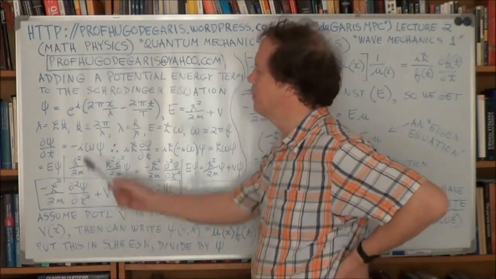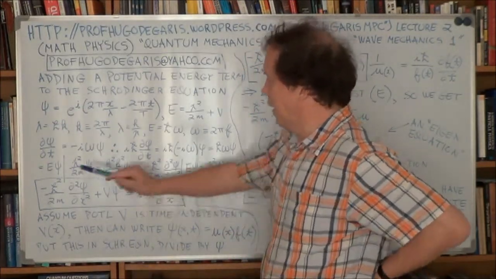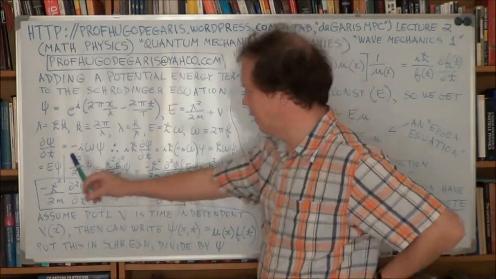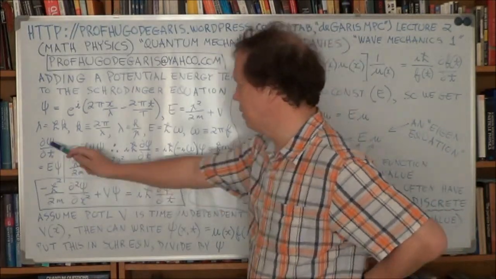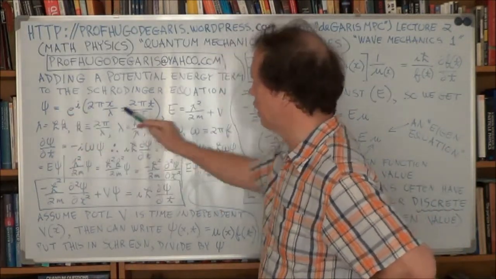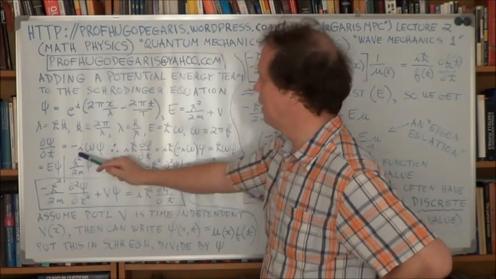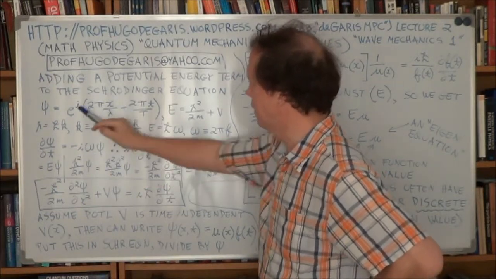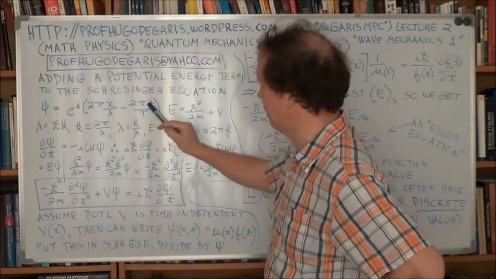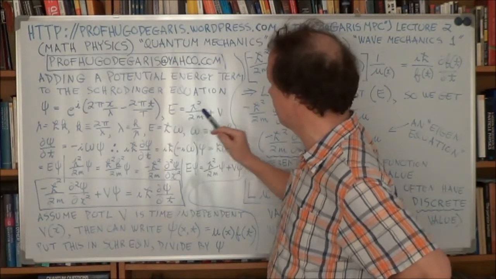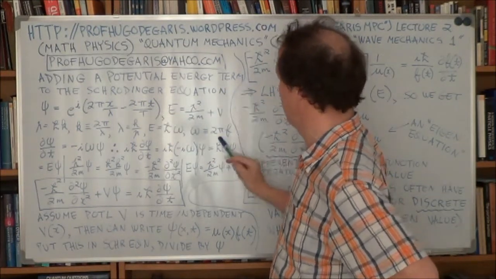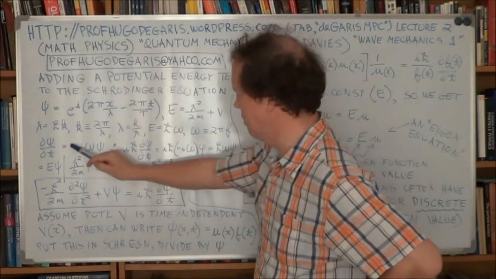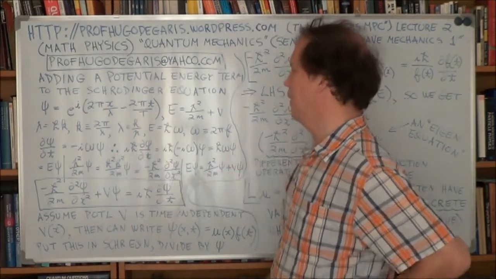Okay, well now it's just calculus. We've done this before. So d psi by dt, just differentiate this with respect to time, and you'll get this, the minus i omega. So 2 pi over T is just 2 pi f, which is omega, so you get minus i omega psi, right?